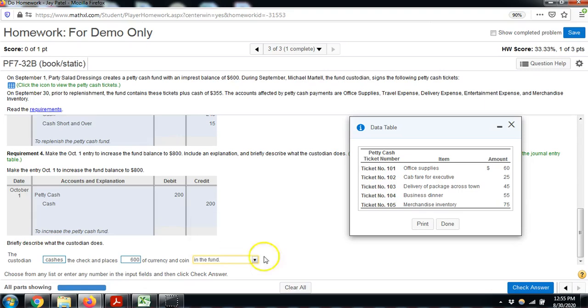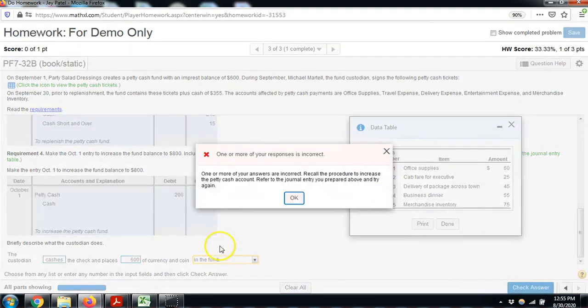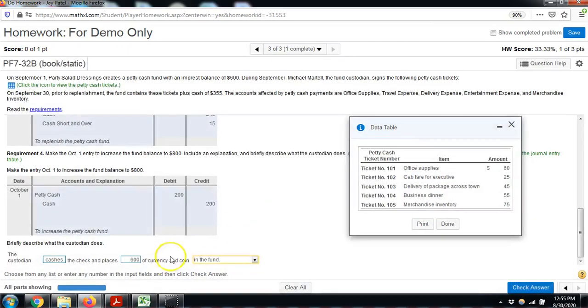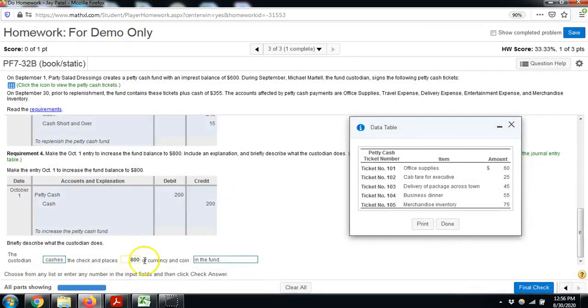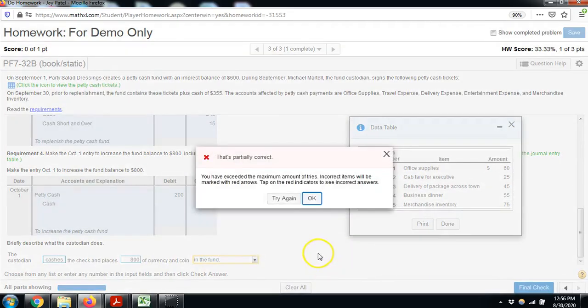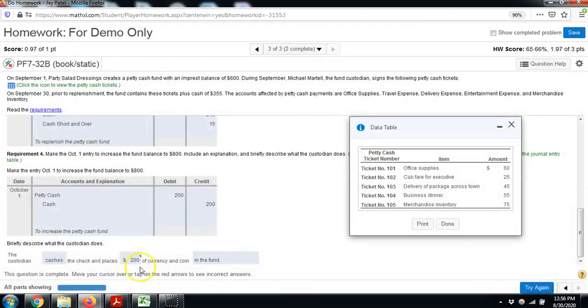Hopefully this works. Let's see. Oh, no. Maybe it's 800. Let's see. No. What are the other options? No. Well, let's see.